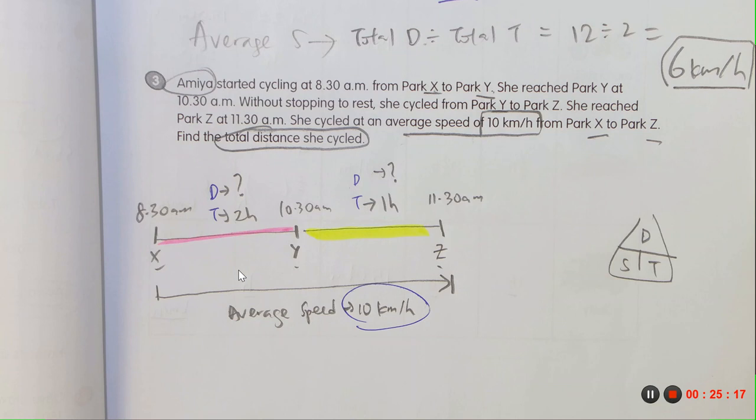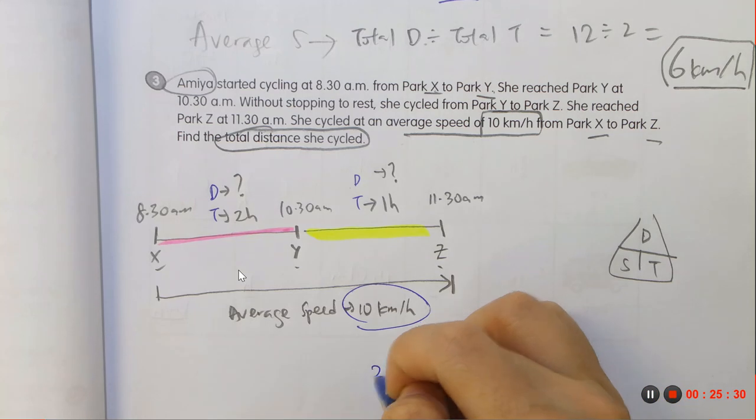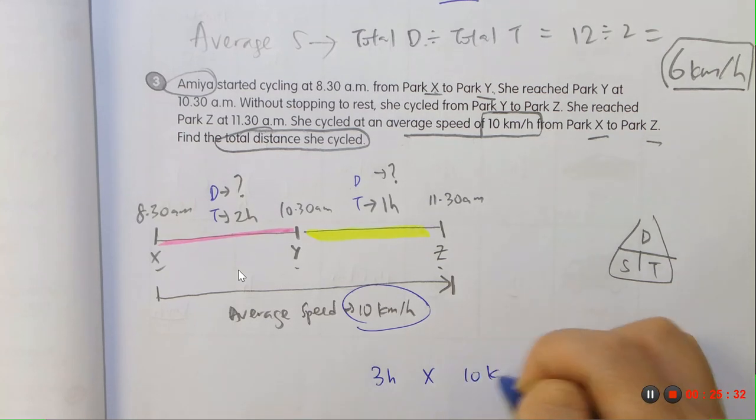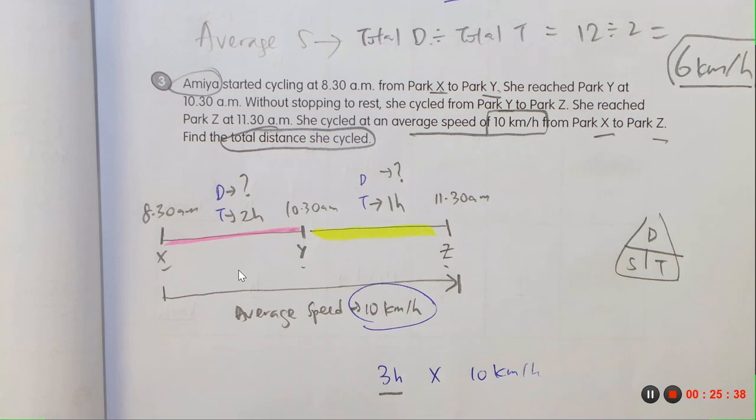Yes. 3 hours times 10 kilometers per hour. Okay, his answer says 3 hours times 10 kilometers per hour. What does this equation mean? Firas, what does 3 hours mean? Where did you get 3 hours from?